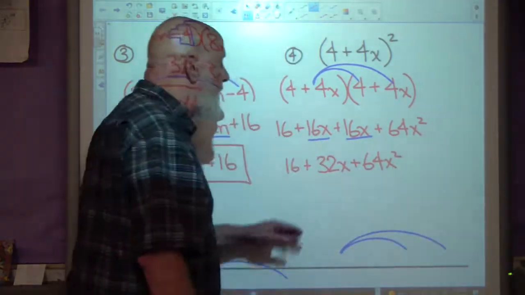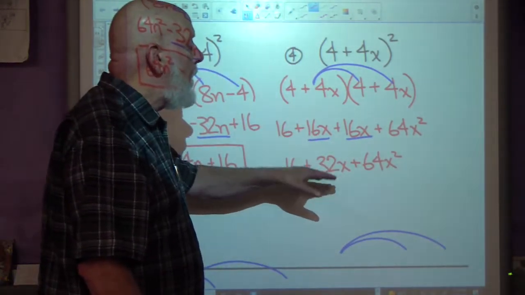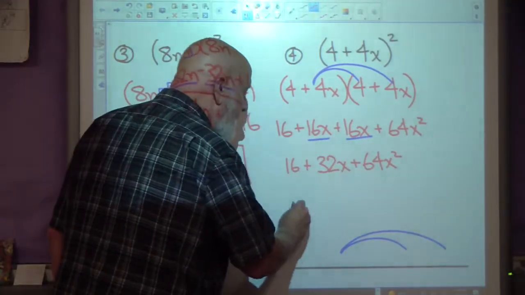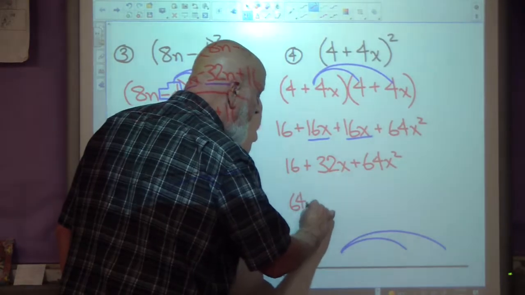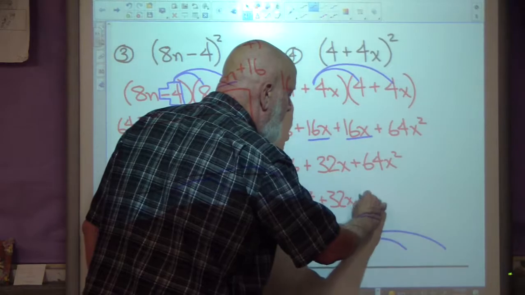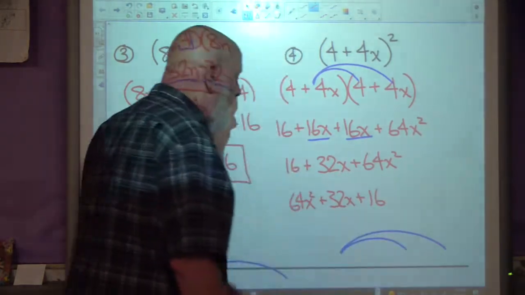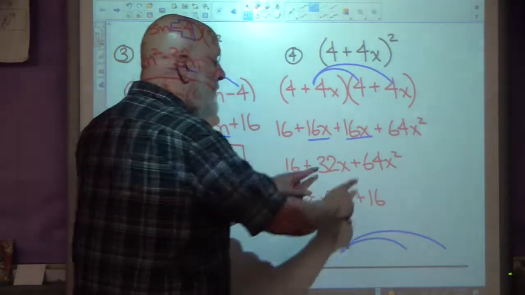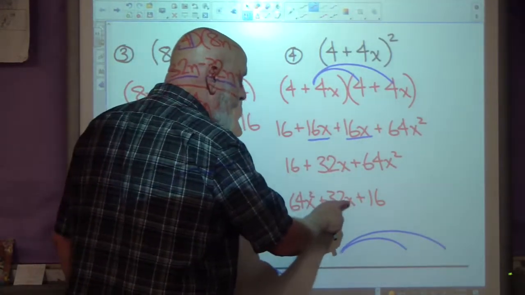If you got this as your answer, and you saw among your multiple choice answers that they had changed the order, they called it this, 64x squared plus 32x plus 16. This and this are two different ways of saying the same thing as long as all the terms have the same sign.